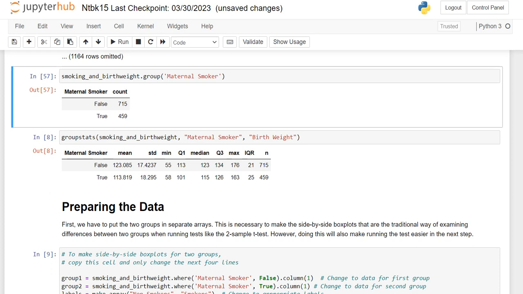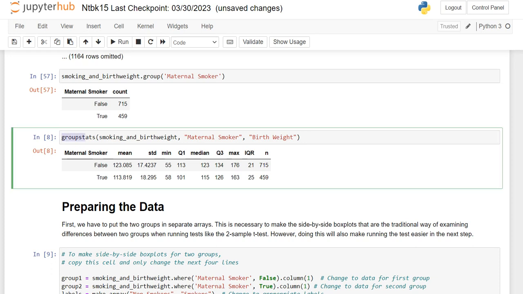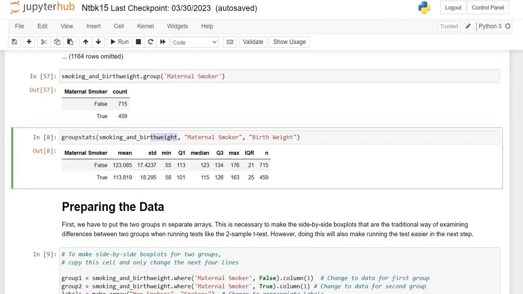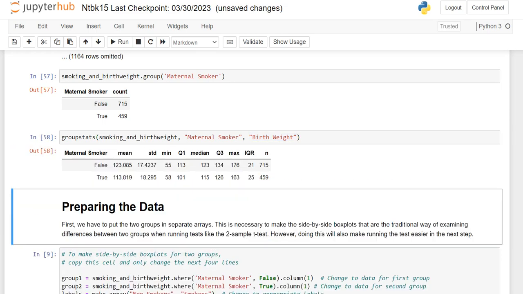And then what are we doing? We're getting group stats, which is much like the stats function, but it works for a category variable. What do we do? Well, we name the table, and then we give the grouping variable, and then we give the numeric variable name. The table doesn't need to be in quotes, but the two variables do.